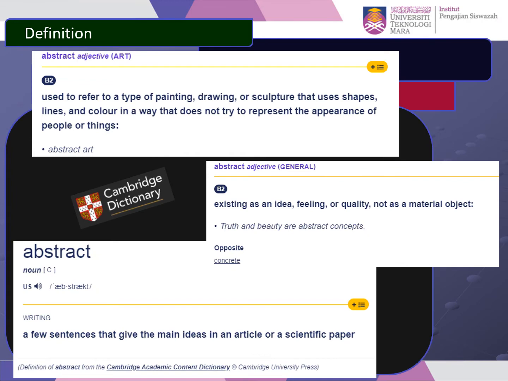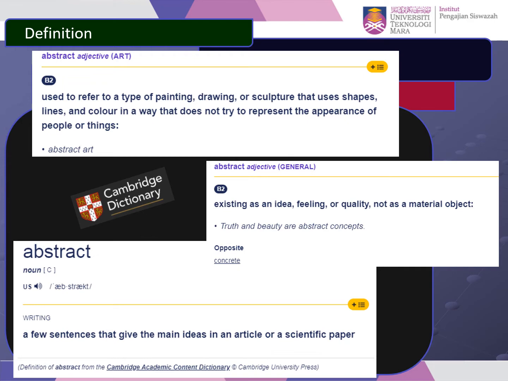Now if you look at the definition of abstract, which I took from the Cambridge Dictionary, abstract is an adjective. The first one is referring to painting, drawing or sculpture. It's about art. The second definition given there is more general, meaning existing as an idea, feeling or quality, not as a material object.